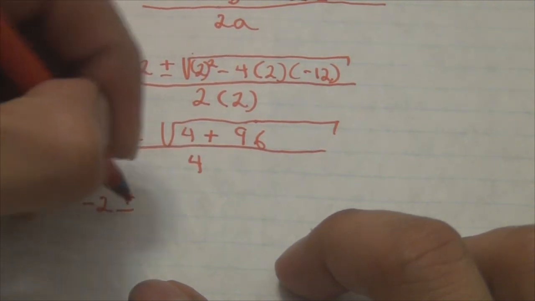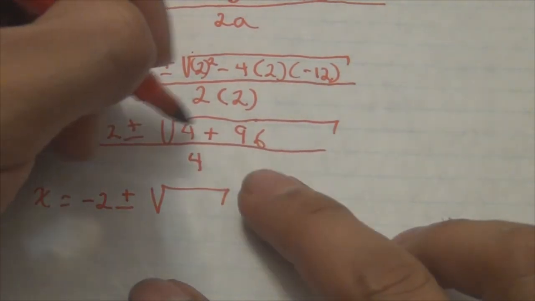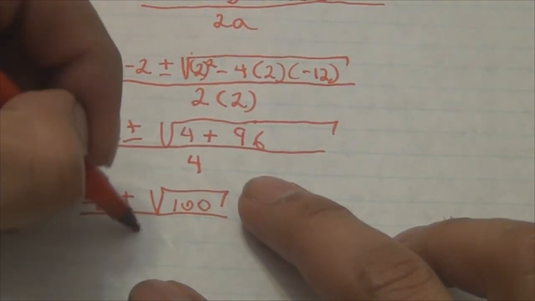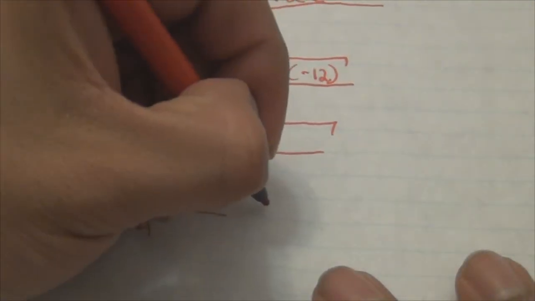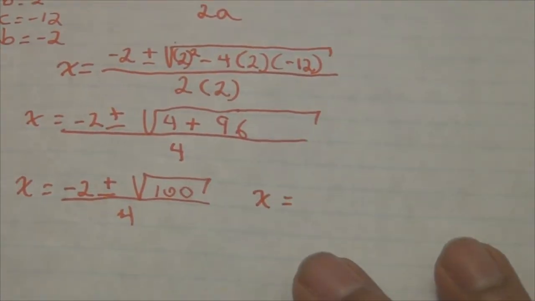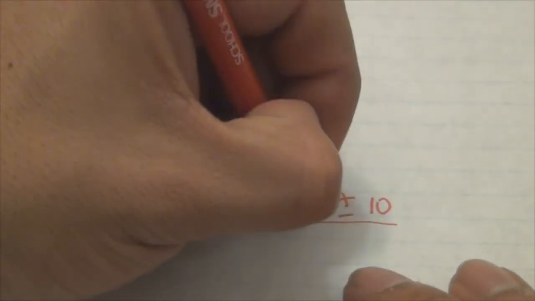Negative 2 plus or minus the square root of 96 plus 4, or 4 plus 96 is 100, over 4. Okay, I'm going to write over here as well. X equals negative 2 plus or minus 10, which is the square root of 100, over 4.